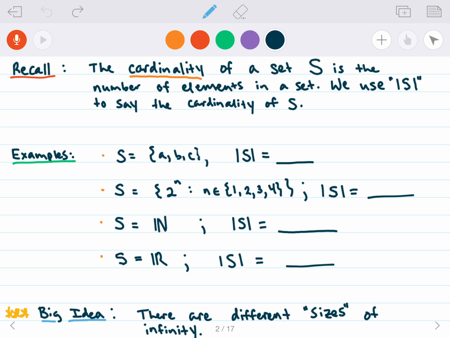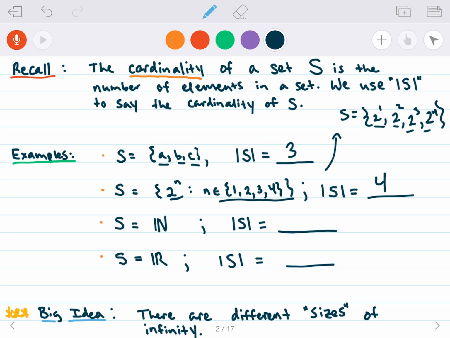For the set A, B, and C, we have 3 elements, so the cardinality is 3. For this set, we have 2 to the n, such that n is either 1, 2, 3, or 4. So S is just 2 to the first, 2 to the second, 2 to the third, 2 to the fourth. So we have a cardinality of 4 elements in our set.